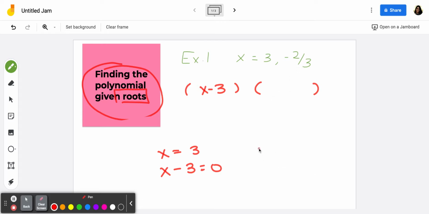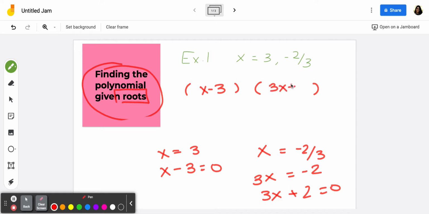So we could think about it like this, x equals negative 2/3. Let's multiply by 3. 3x equals negative 2. Let's add 2. 3x plus 2 equals 0. Does that look correct? Subtract 2, divide by 3, you'd get that. Yes. So that's what goes in the other parenthesis.